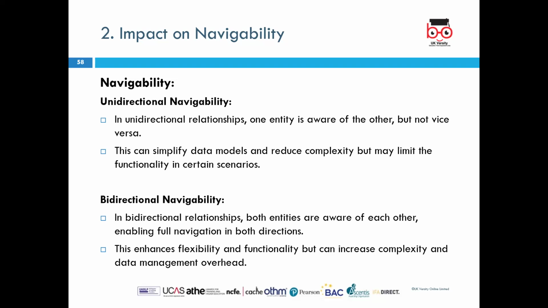This can simplify data models and reduce complexity, but at the same time, it's going to limit our functionality in certain scenarios. With bidirectional navigability, both entities are aware of each other, enabling full navigation in both directions.